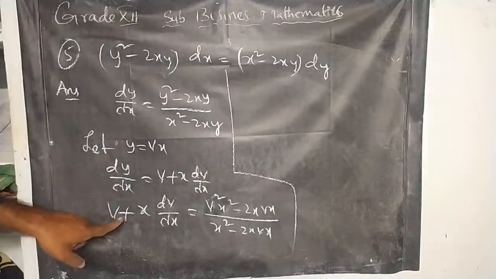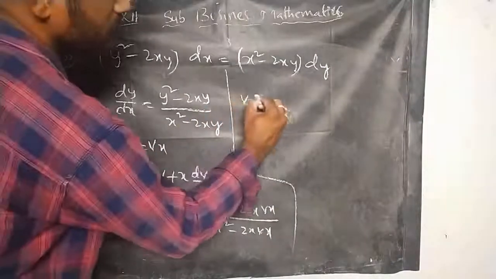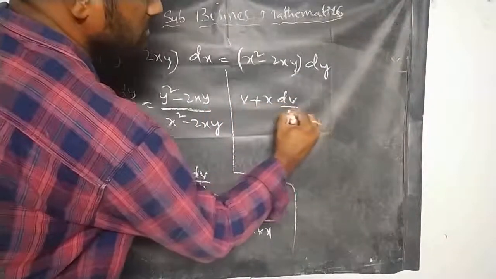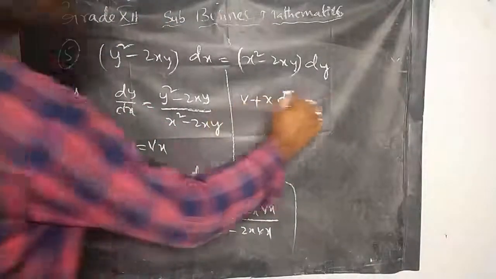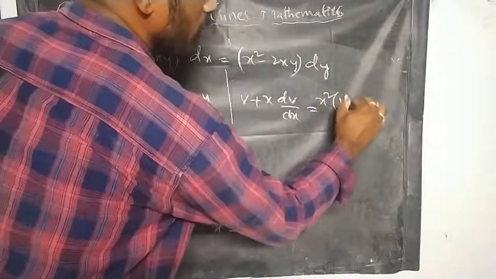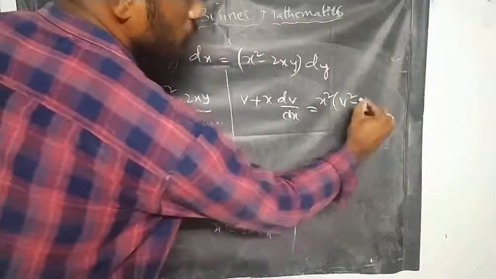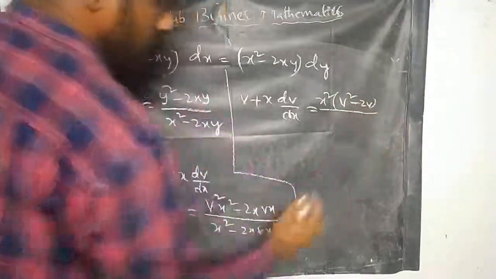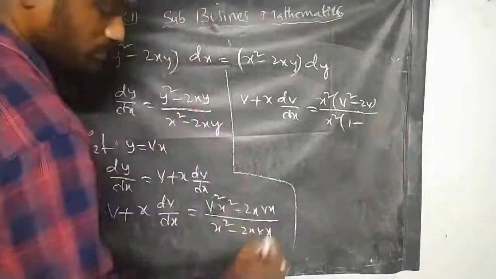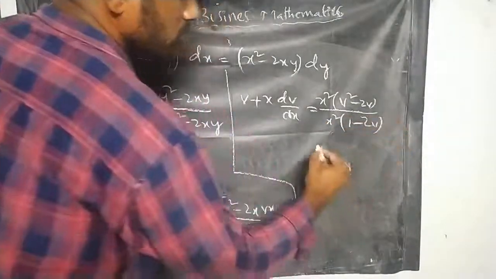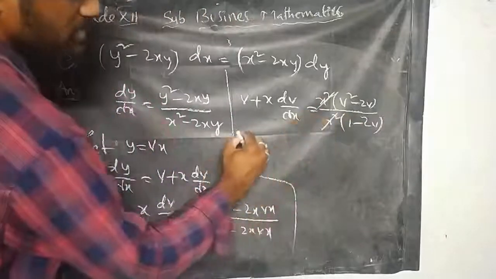Now v plus x dv by dx is equals to, we can take x square common in the numerator. We are left with v square minus 2v divided by, in the denominator also we can take x square common, 1 minus 2v. X square gets cancelled.